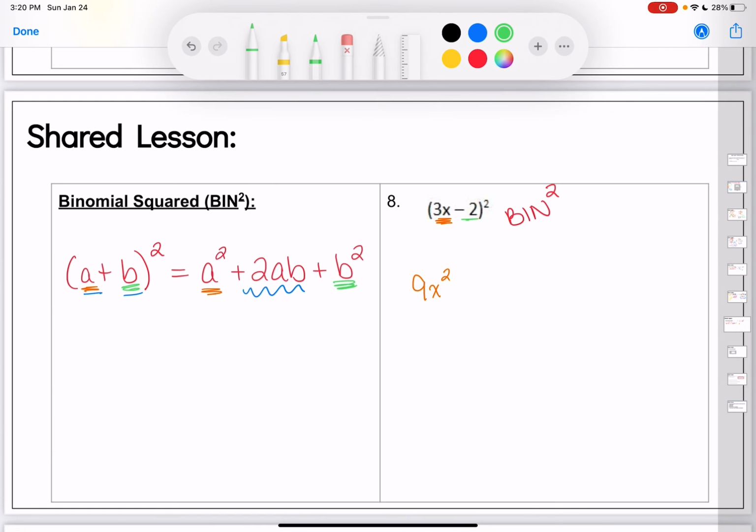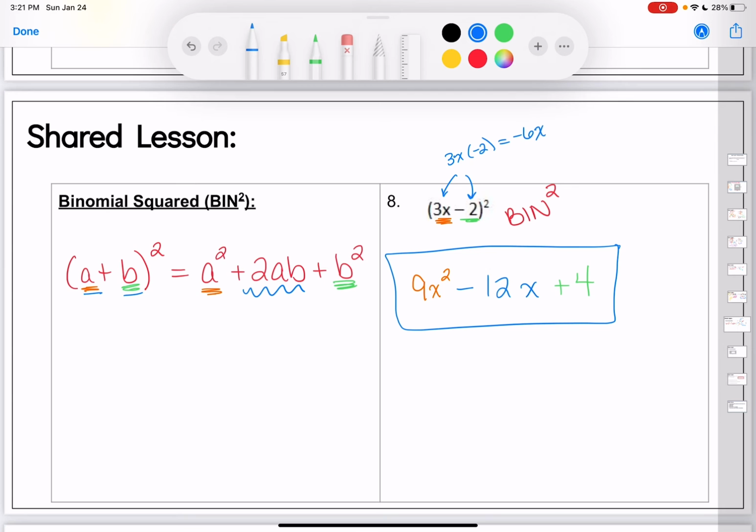My last term is going to be negative 2 squared, which is positive 4. Now my middle term, I'm going to multiply these two together. 3x times negative 2 gives me negative 6x, and then I'm going to double it. So it'll be negative 12x. And there is my answer.